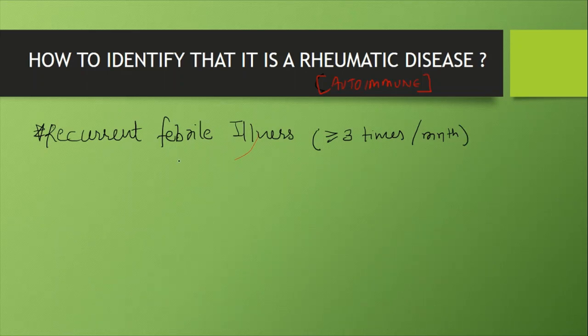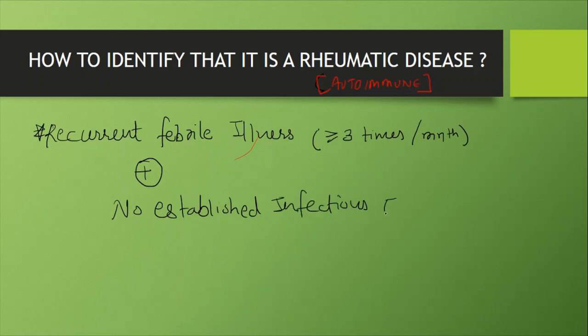This is recurrent febrile illness, such that there is no established infectious etiology. That means a patient is having recurrent episodes of fever, but you are not able to establish any specific infection associated with those recurrent fever episodes. That will be called a rheumatic disease.